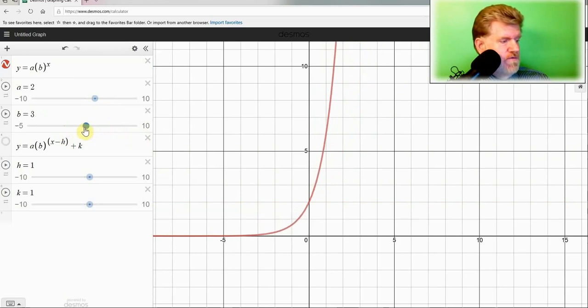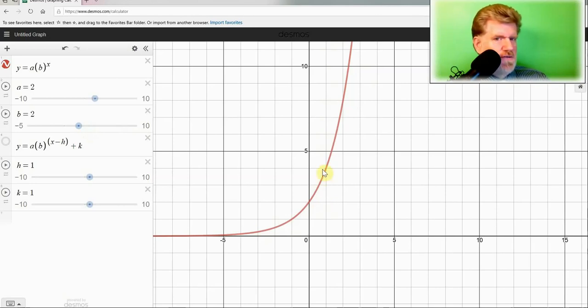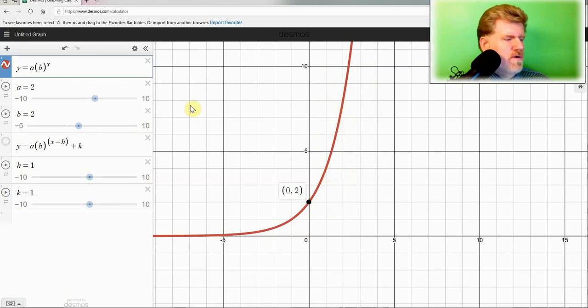So if I left b equal to 2, every time I go over 1 on the x, I double, or multiply by 2, the value of the y. So we started at (0, 2). If I go over to 1, I should double it and get 4. If I move over 1 more and I double 4, I should get 8. And so on. It continues to double.